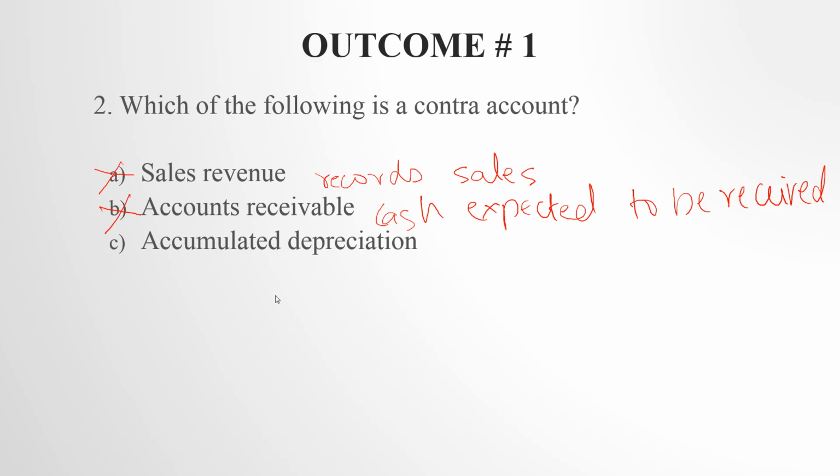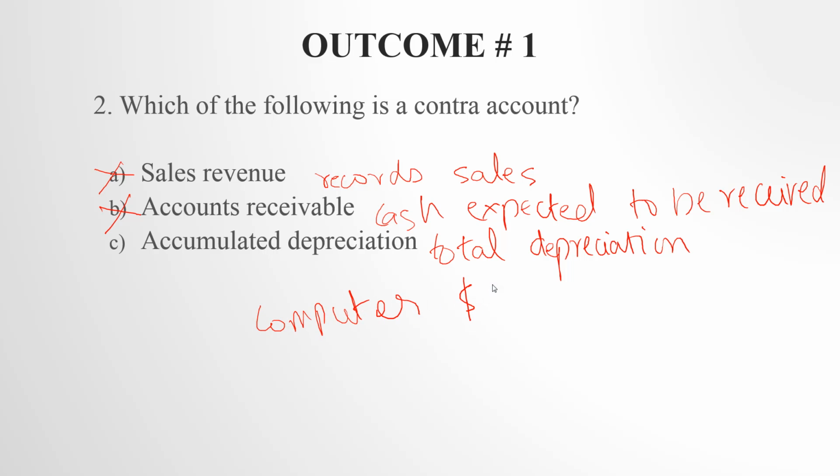Accumulated depreciation. This account records the total depreciation of an asset. For example, suppose you have a computer for $1,000. Now the computer is an asset. And assume that the accumulated depreciation is $300.